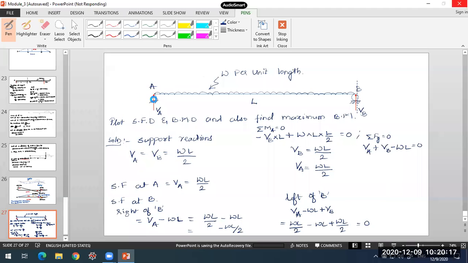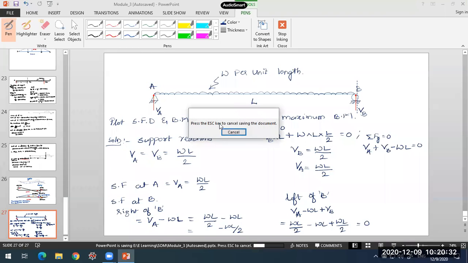I've taken the beam, and on this beam, UDL is applied for the full length with intensity W per unit length. We have followed the same procedure for calculating bending moment and shear force. The first step is to find the support reactions.